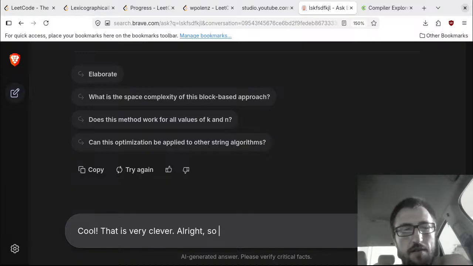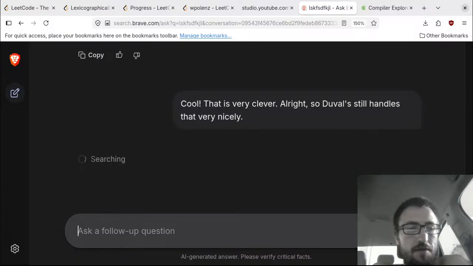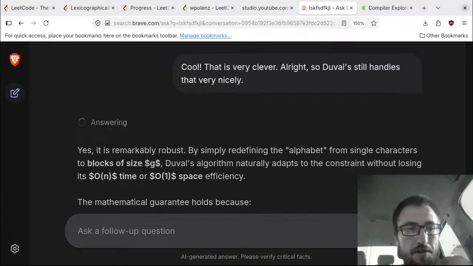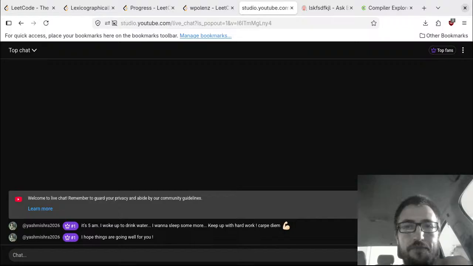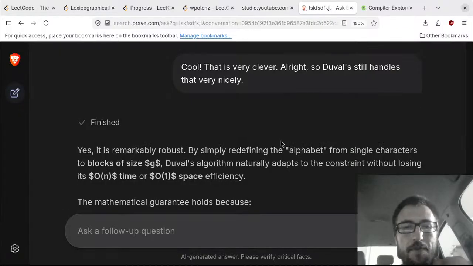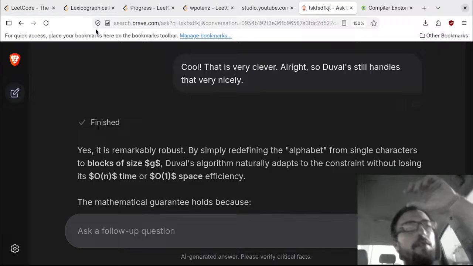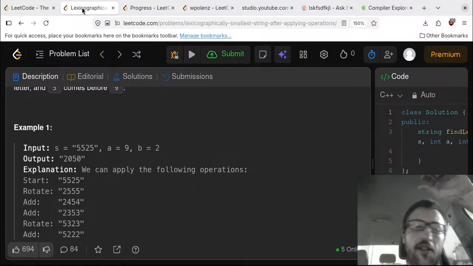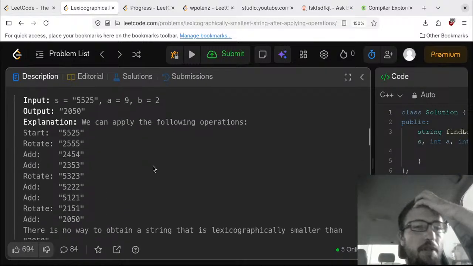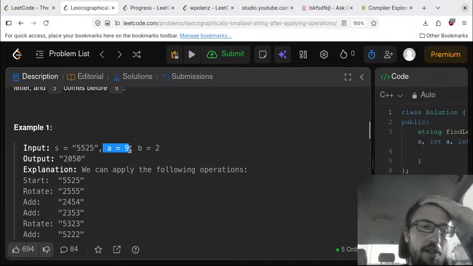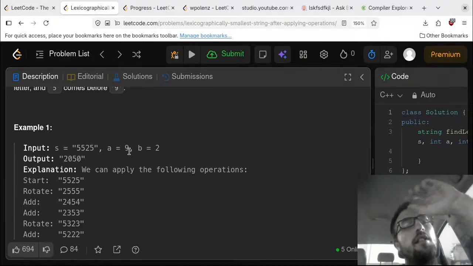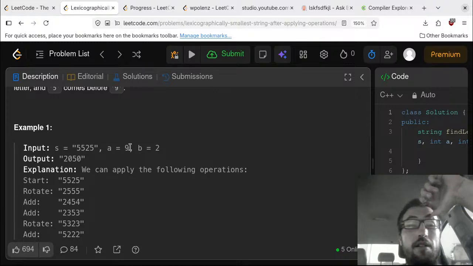All right. So Duval handles that very nicely. Okay, so there we go. That's probably the solution. It's going to be basically modified Duval's with the GCD of A and 10, potentially squared.